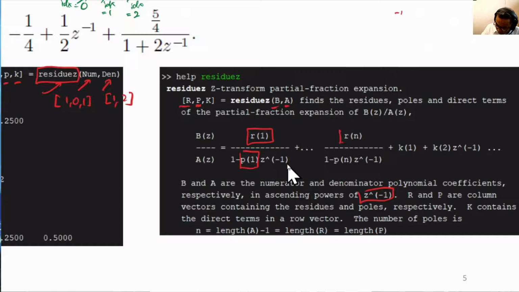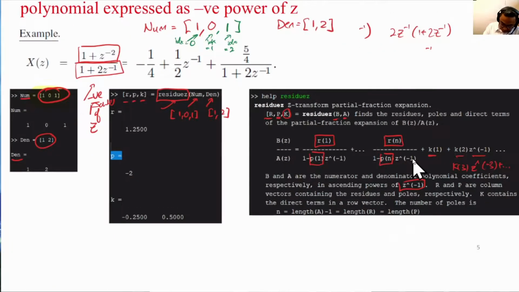So R2, R3 will be with respect to Rn over Pn. Now, what about K? K will also be a vector, and out comes K1 here. K2 will be z minus 1. K3 will be z to the power of minus 2, and so on. So that's the idea. Alright, let's have an example.